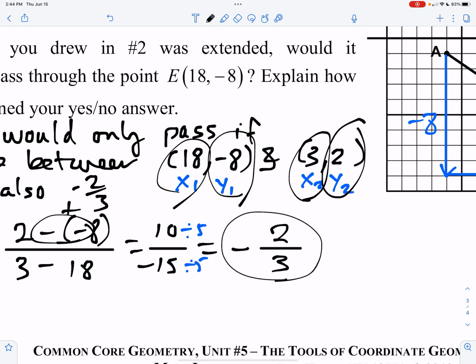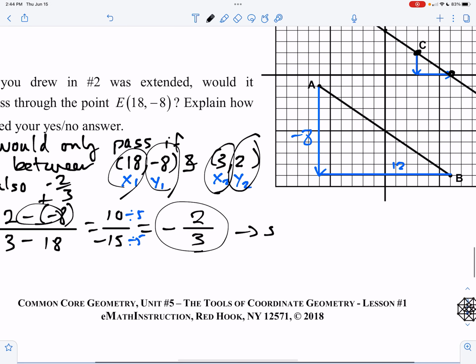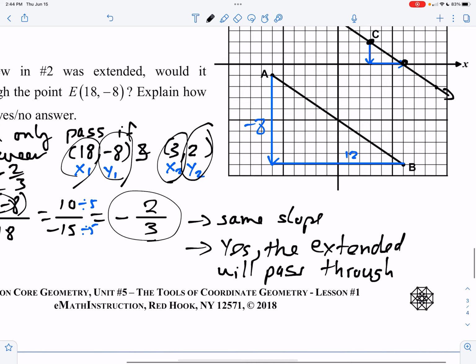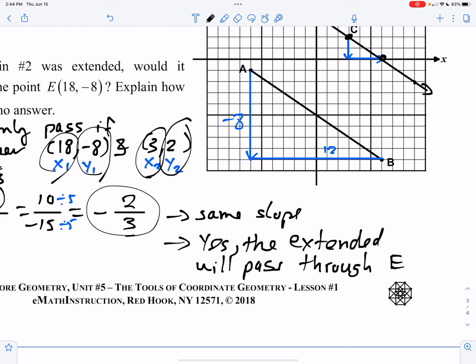So you can see we get the same slope. So yes, the extended line will pass through point E, which is 18, negative 8.